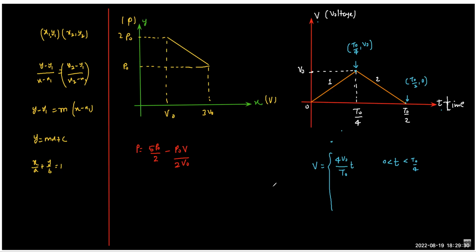Yes, sir, got it. Tell me. v is equal to minus 4 v naught t upon t naught, plus 2 v naught.